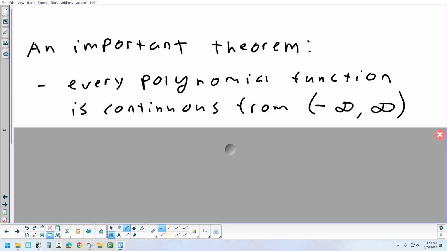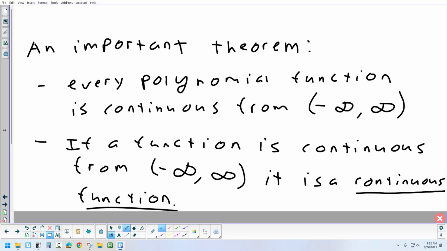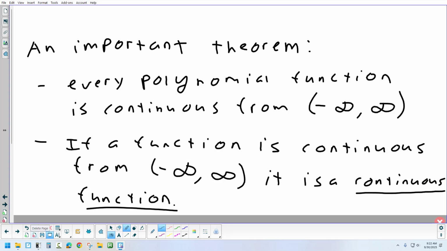All right, when we are dealing with polynomials, okay, if you remember from yesterday, the domain was all real numbers. Every polynomial that we draw is continuous. It's continuous everywhere. Right? So if I had you draw a parabola, and I said to you, find a section that is discontinuous, you can't.